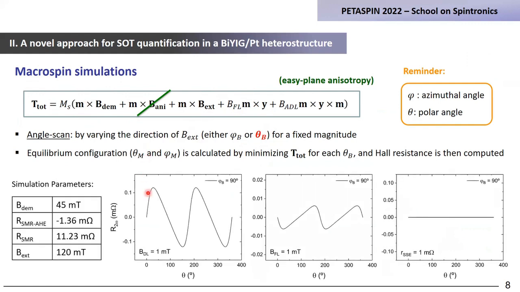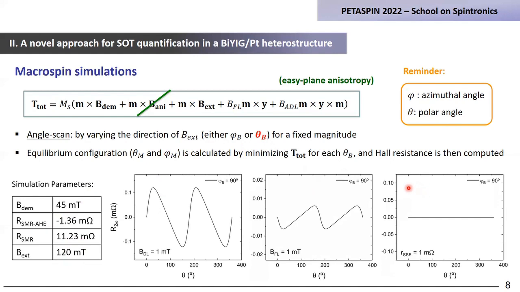Here, I'm including the second harmonic response at an azimuthal angle of phi equals 90 degrees using the experimental parameters that we obtained from the previous slide. Also, I'm plotting separately the individual contributions from the damping-like torque, the field-like torque, and the spin-Seebeck effect, which is a thermoelectric effect common to oxide materials.